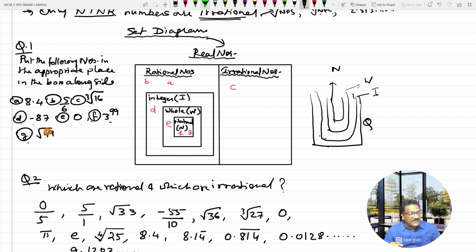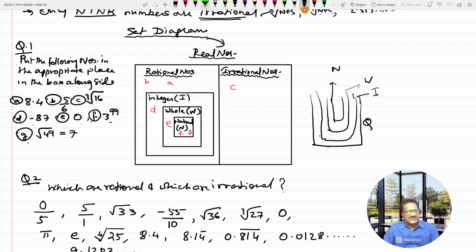When you have a perfect square inside a square root sign, or a perfect cube inside a cube root sign, those numbers will be rational numbers. Otherwise too, root 49 works out to 7, and 7 is a rational number, so I put it in the natural number category. I hope this particular question is understood.